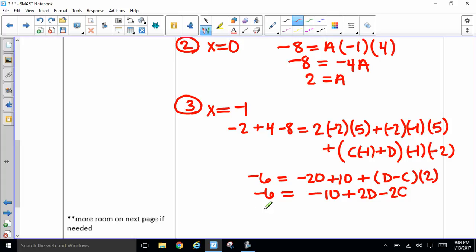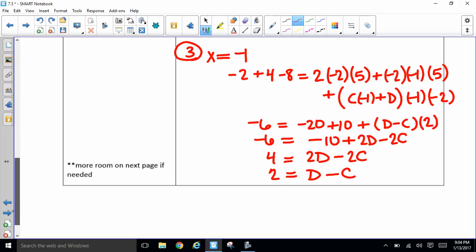Then I would add the 10 over, so I get 4 equals 2d minus 2c. I would divide all of those terms by 2 just because it happens to be a common factor. If you don't have any common factors, you'd be done, but 2 has to equal d minus c.